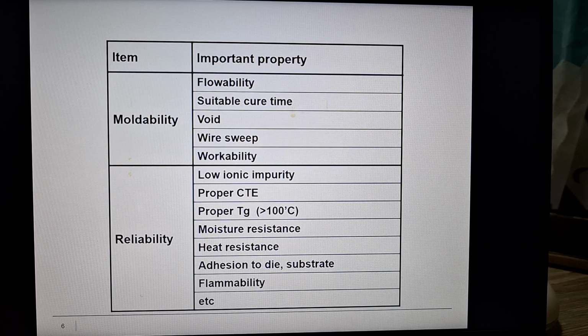Low ionic impurity means impurity, from the root word pure. When it's not pure, it's impure. So it means there are certain halogens or certain unwanted materials within the solutions. The ionic is the ions that are not pure, which means it affects the purity of the material.